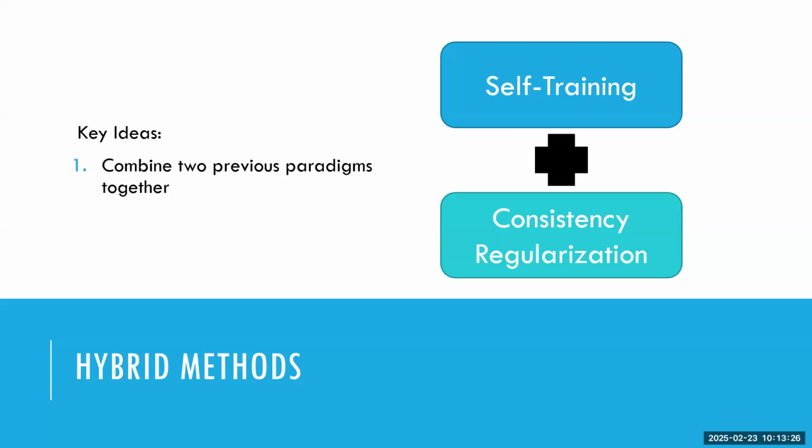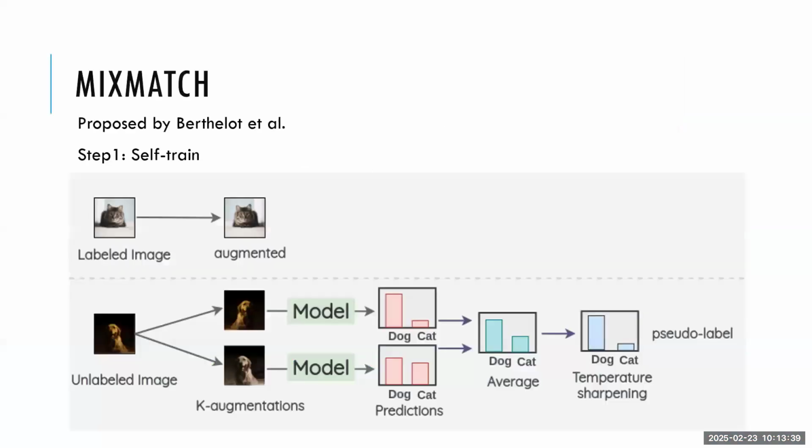Combining doesn't mean you can just stick two algorithms together, because sometimes they cancel each other out. So we need to find a way to combine them. One of the most common is called MixMatch, the most common hybrid algorithm.